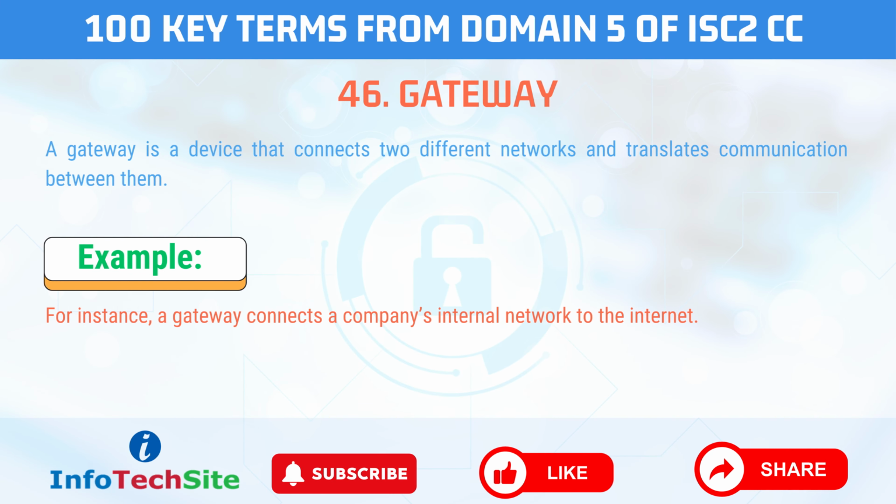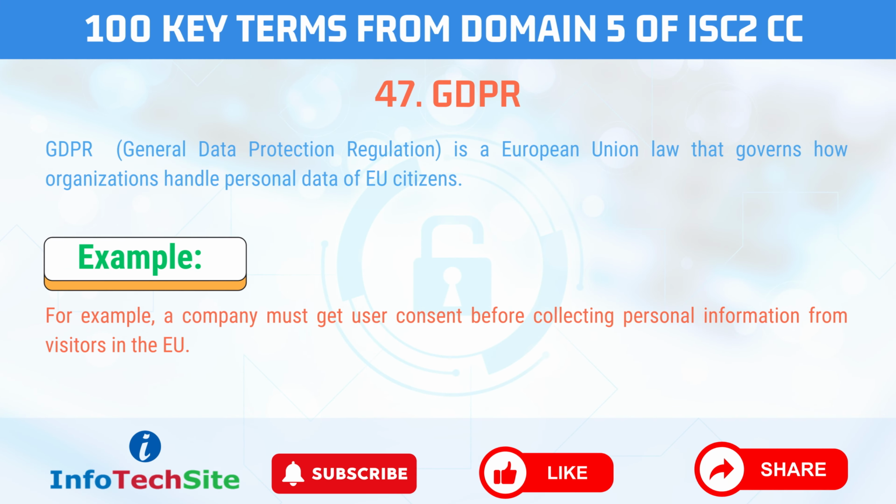46. Gateway. A gateway is a device that connects two different networks and translates communication between them. For instance, a gateway connects a company's internal network to the internet. 47. GDPR. GDPR, General Data Protection Regulation, is a European Union law that governs how organizations handle personal data of EU citizens.